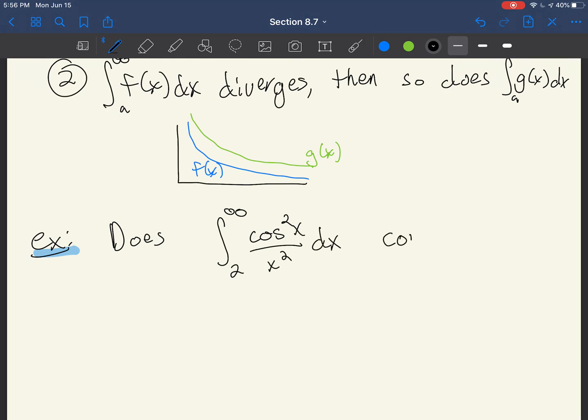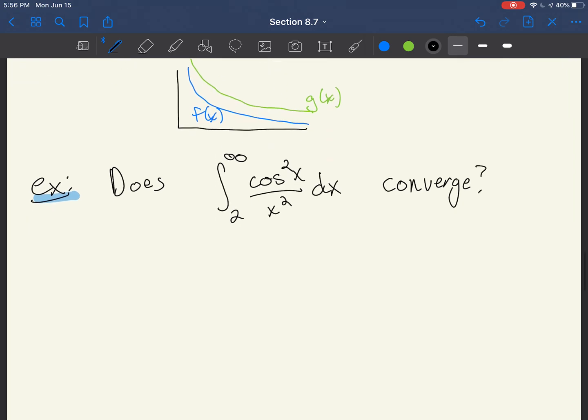Example: does the integral from 2 to infinity of cosine squared x over x squared dx converge? No, I don't care what it converges to if it does, I just want to know if it does converge. So we do not have to evaluate this integral.